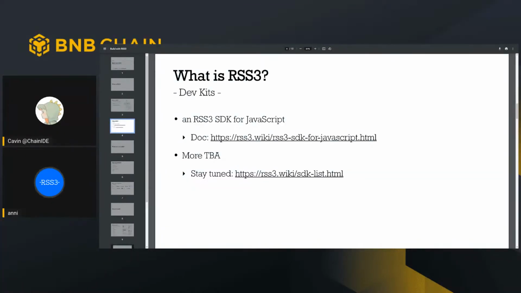Some functions include getting the user profile details, like adding a persona's associated accounts. You can also get the list of the persona's links, which means you can get the followings and followers of a certain persona.